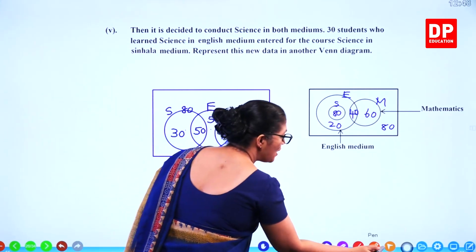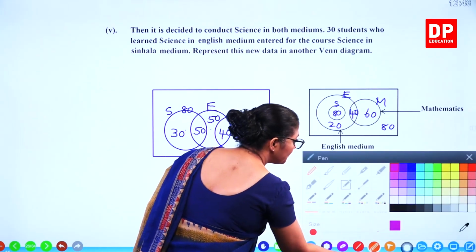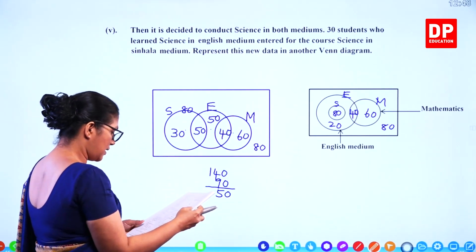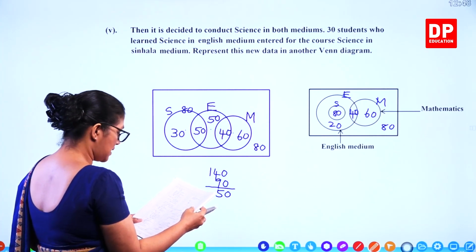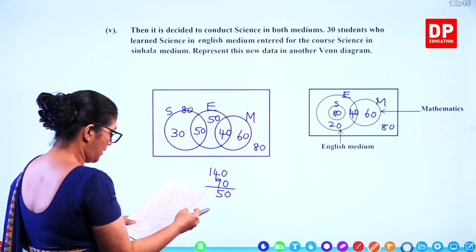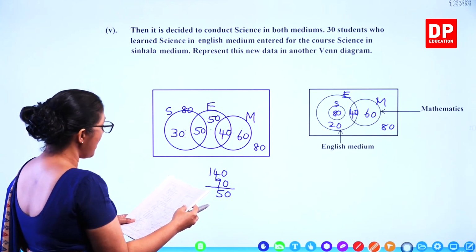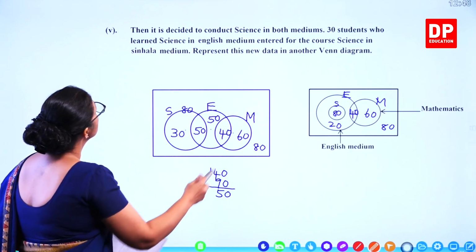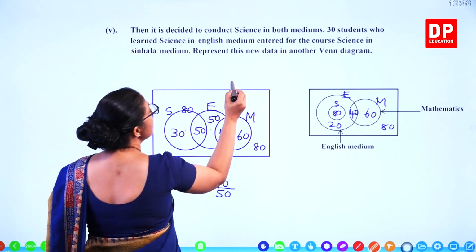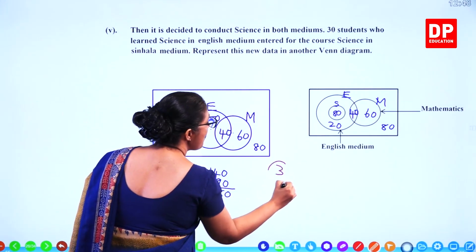So we'll see how many marks for that. You get 30, 50, 40, 60, 80. So you get 3 marks for that. So drawing the new Venn diagram, 3 marks.